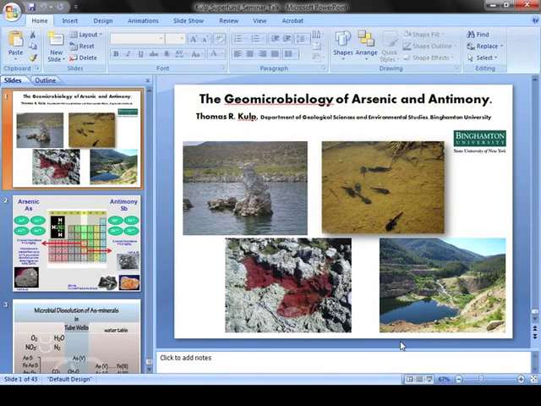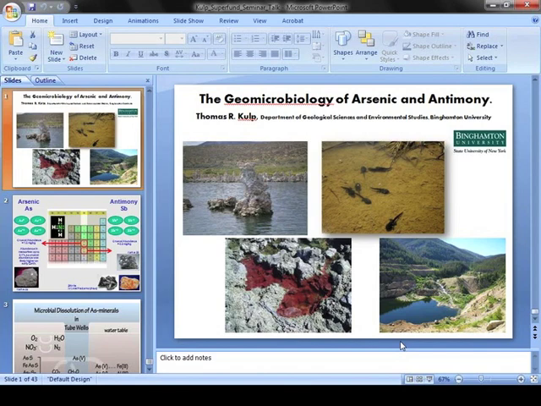Yeah. So you pointed out that the crustal abundance of antimony is an order of magnitude below that of arsenic. Is there any evidence that if you have 1,000 ppb arsenic groundwater somewhere, that you might have 100 ppb antimony in it?